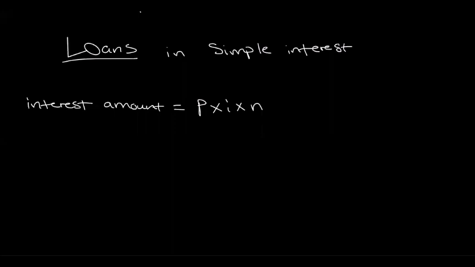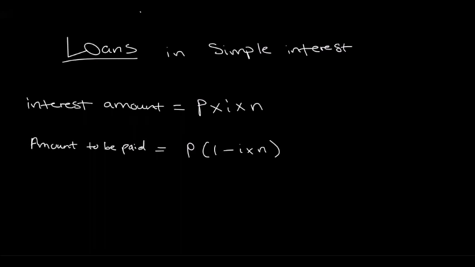So the amount that you still have to pay, the amount to be paid, is therefore equal to the principal amount times 1 minus the interest times the number of years, or whatever number of months you are paying for.